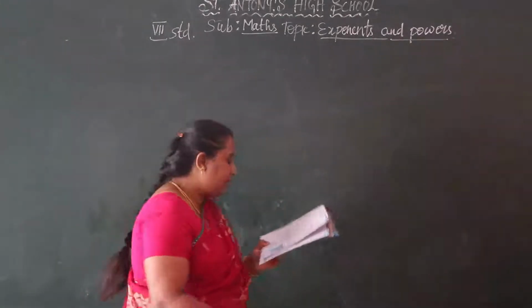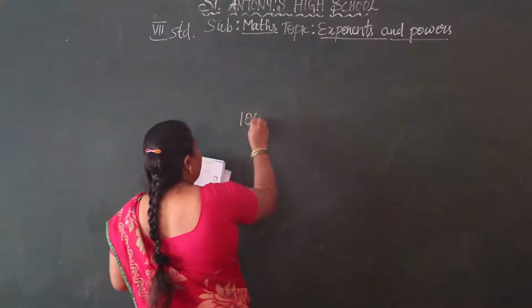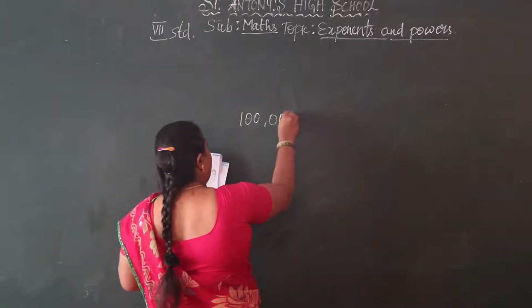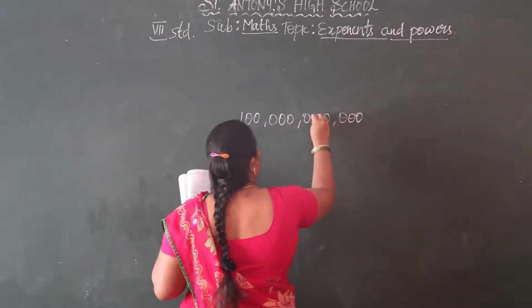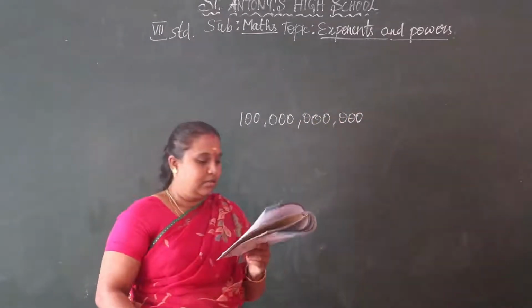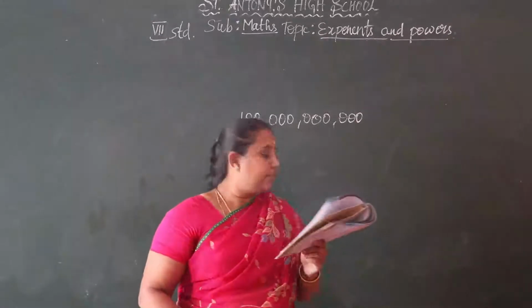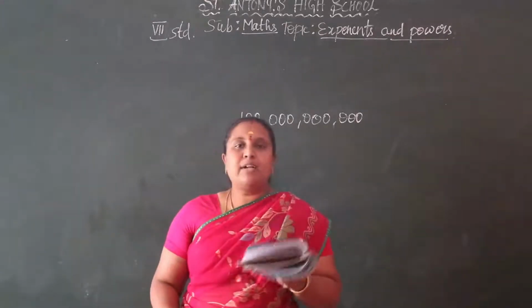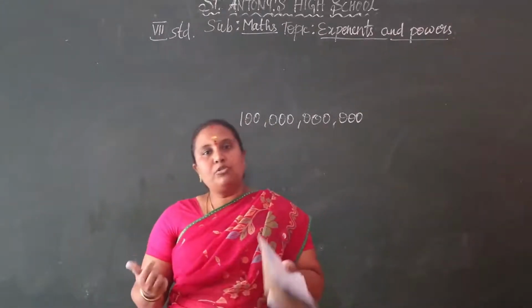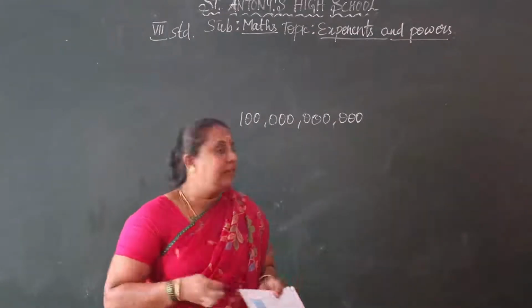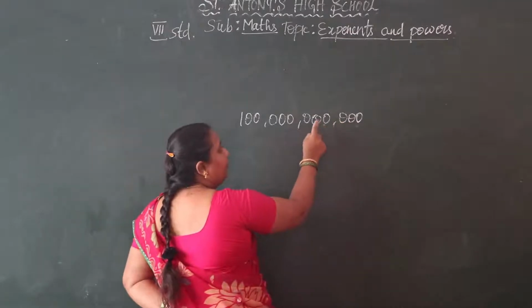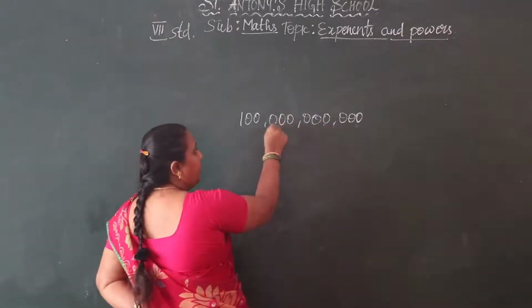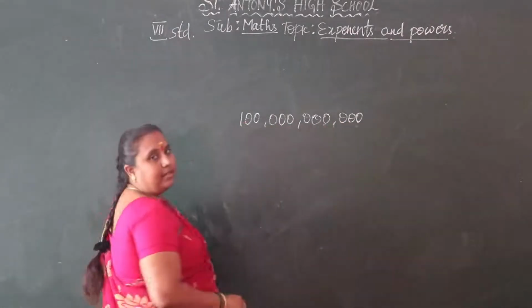Let us try. See here, we have to write this in a short form. So how many zeros are there? Let us count: 1, 2, 3, 4, 5, 6, 7, 8, 9, 10, 11 zeros are there.